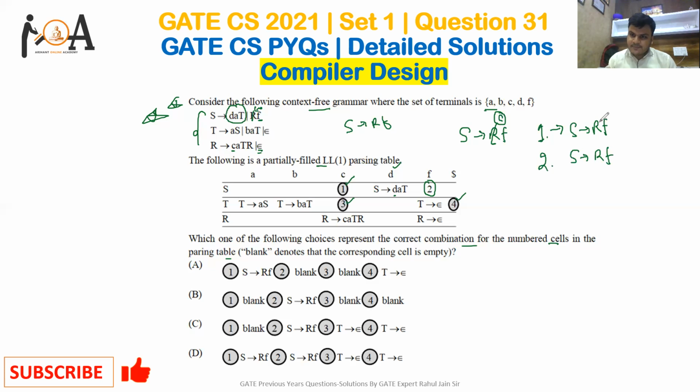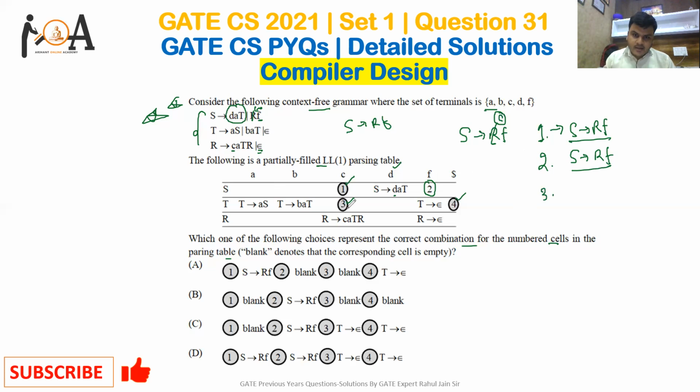Why? Because if I replace this R with CATR, first of S would be c, so it would be in the c block. And if I replace this R with epsilon, first of S would be F. So I will replace this 2 with RF in the F block as well. So one is S derives RF, and second is also S derives RF.